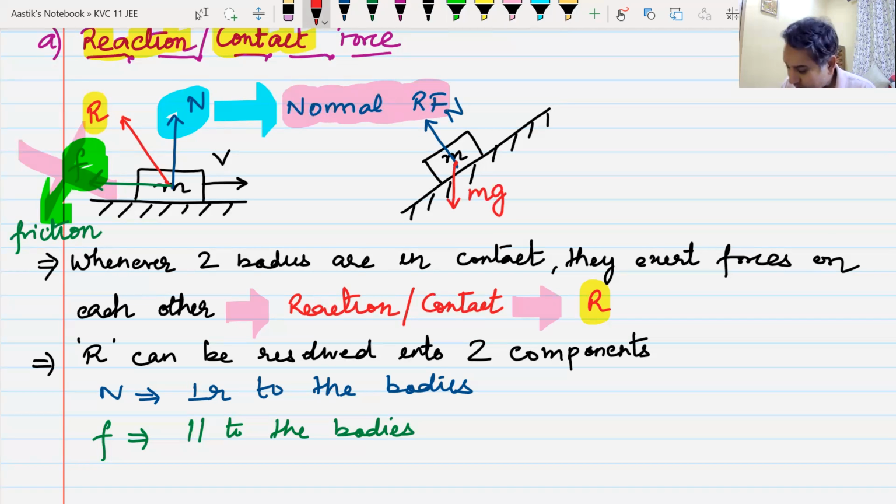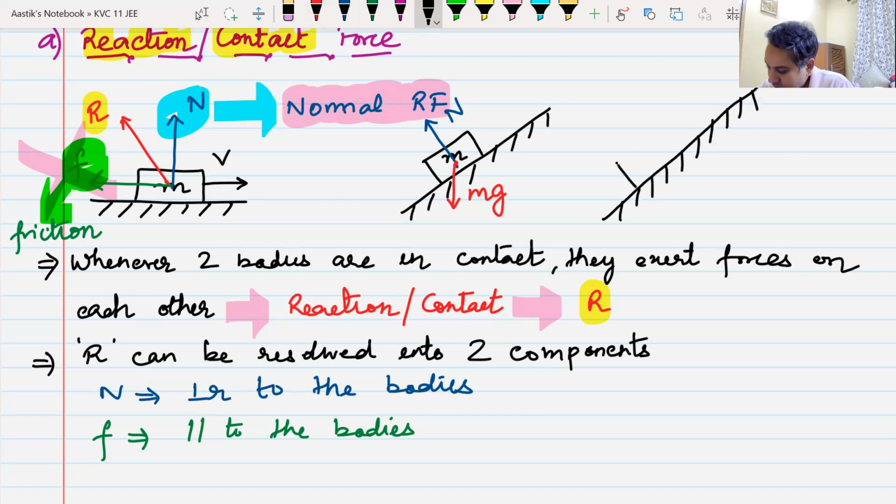Now, this normal reaction force will always come whenever two bodies are in contact. So, for example, if I have more than one body here like this, let us say two bodies, this body is M1 and this body is M2.